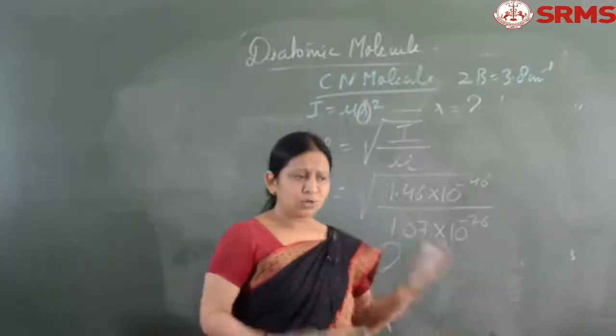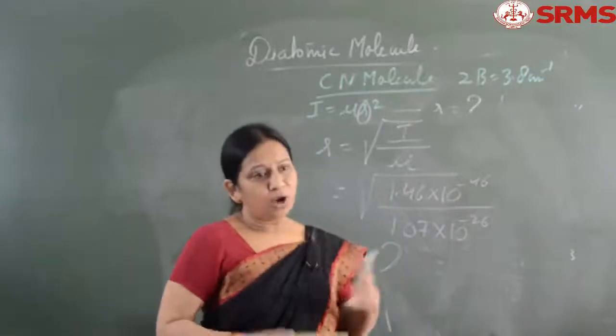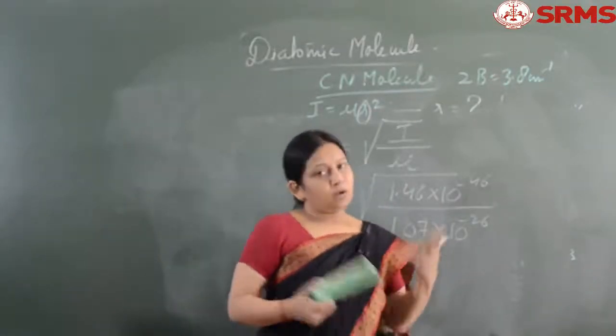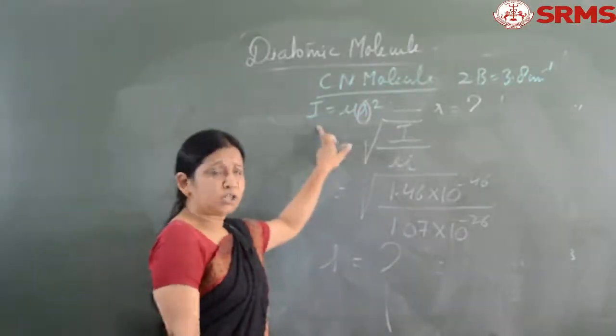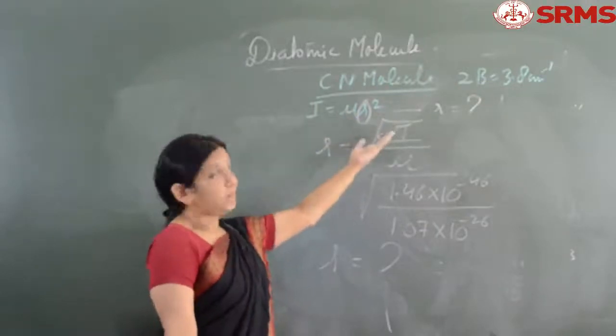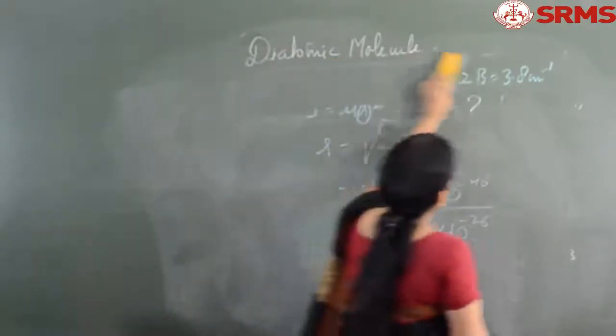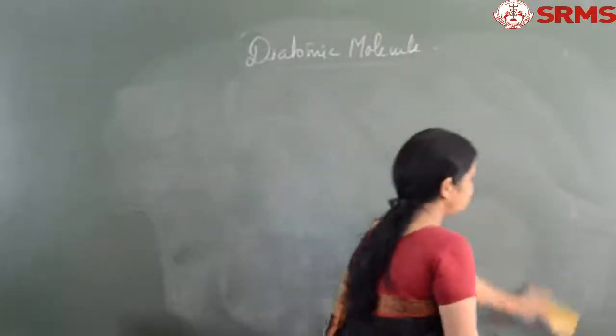Otherwise the numerical is simple substitution, because we know the formula of moment of inertia, we can calculate the value of reduced mass, we can calculate R. So this is about the numericals which you get on rotational spectra.